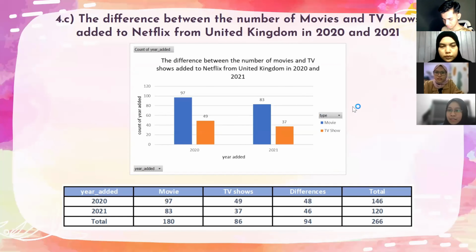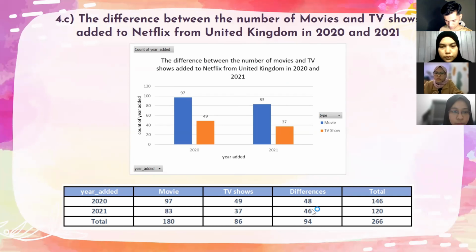I am Aisha Adli, and I'm going to share the difference between the number of movies and TV shows added to Netflix from the United Kingdom in 2020 and 2021. From the United Kingdom, 97 movies and 49 TV shows were added in 2020, where the difference is 48. While in 2021, 83 movies and 37 TV shows were added, in which the difference is 46.